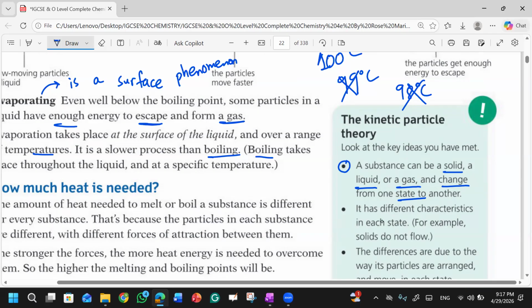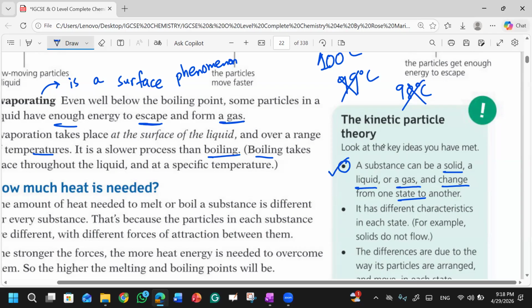Can't they change their state? Like you have solid, if you melt, what will happen? Gases, but gases can't go back. They can go back. You can compress the gas into liquid. Oh, okay. You can go backward as well. So this is correct.